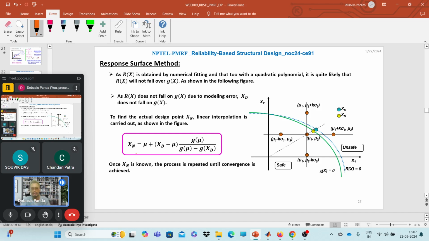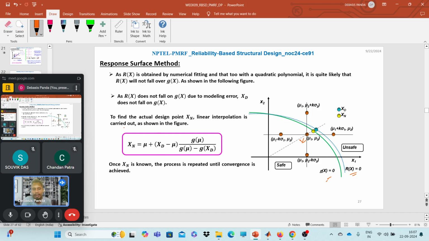Now here we have another check. Due to the modeling error, many times our response surface, here you can see this is our response surface, this is the original gx, may not fall on that gx. So we need to interpolate this with respect to the mean value. That means we need to go one step more.